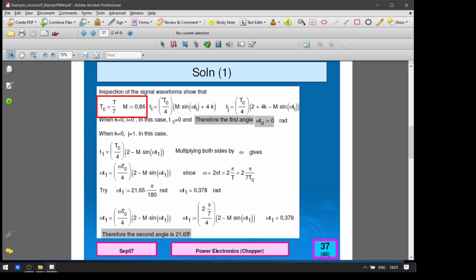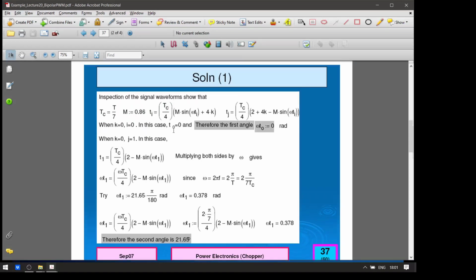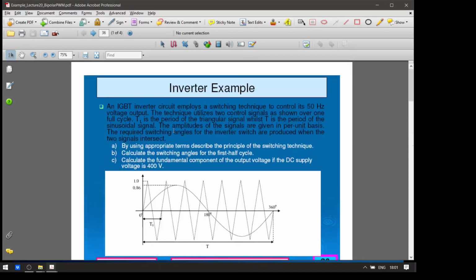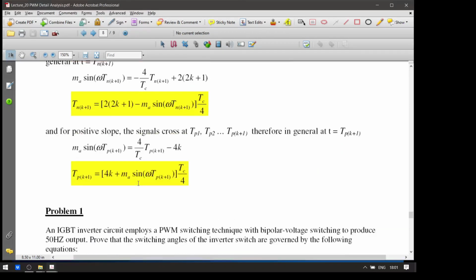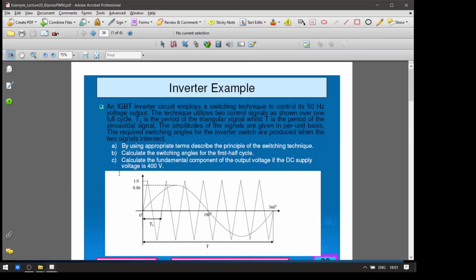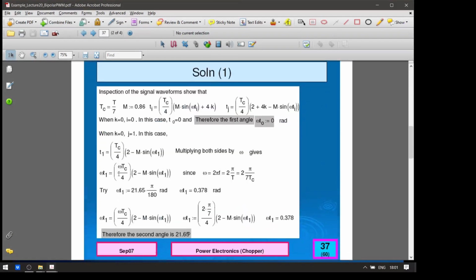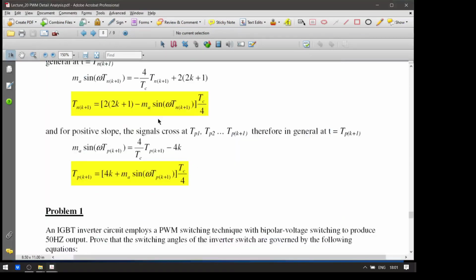This is the equation for TC over 4 times M sine plus 4k, bipolar. And 4k plus MA, so that is the positive slope.